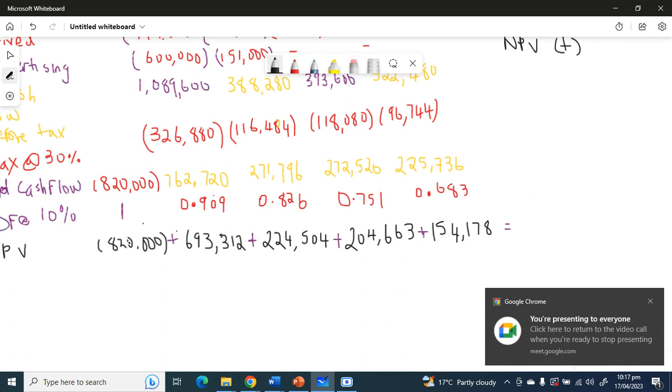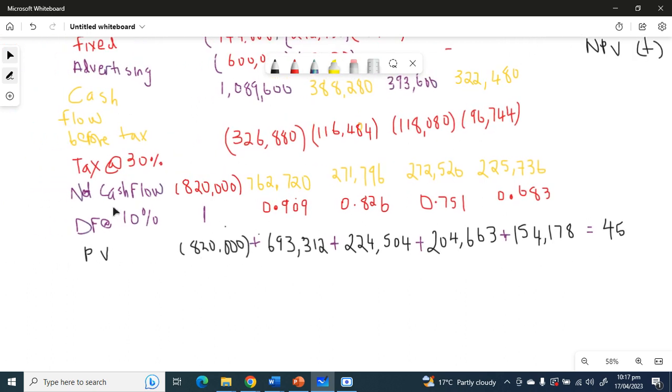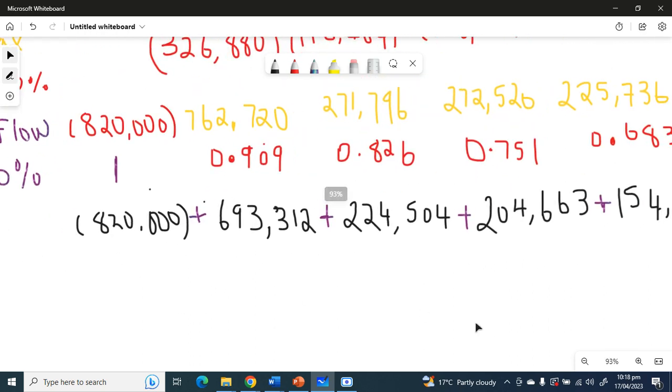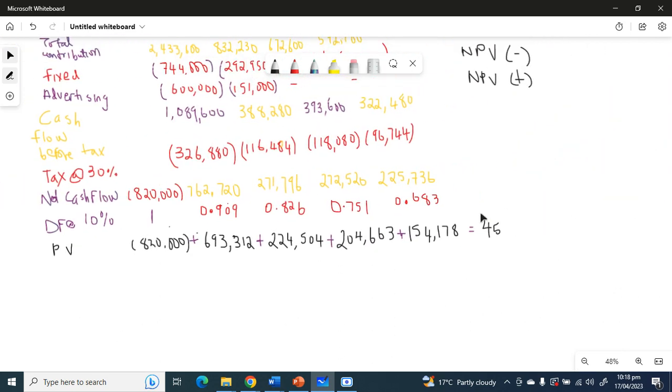So that's why this one is negative, because we're saying if we buy this machine for 820,000, these are the cash flows we expect in the next 4 years, or net cash flow. Okay, 456,657.